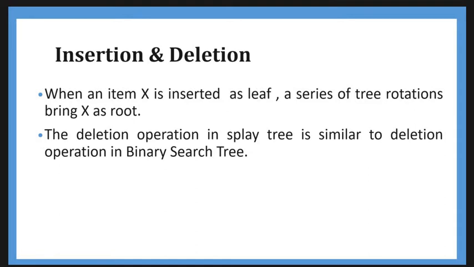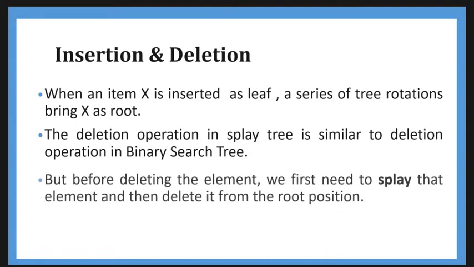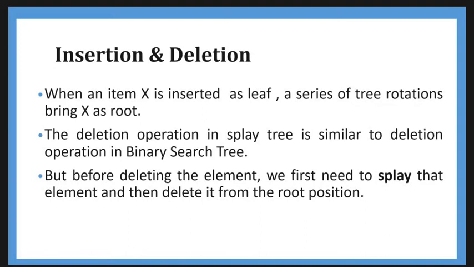Okay, so the same deletion cases you apply in a splay tree. But the difference is that before deleting the element, we first need to splay that element and then delete it from the root position. Means, first search for that element in the tree. When you find that element, you bring that node to the root through the splaying technique and then delete it from the root position.